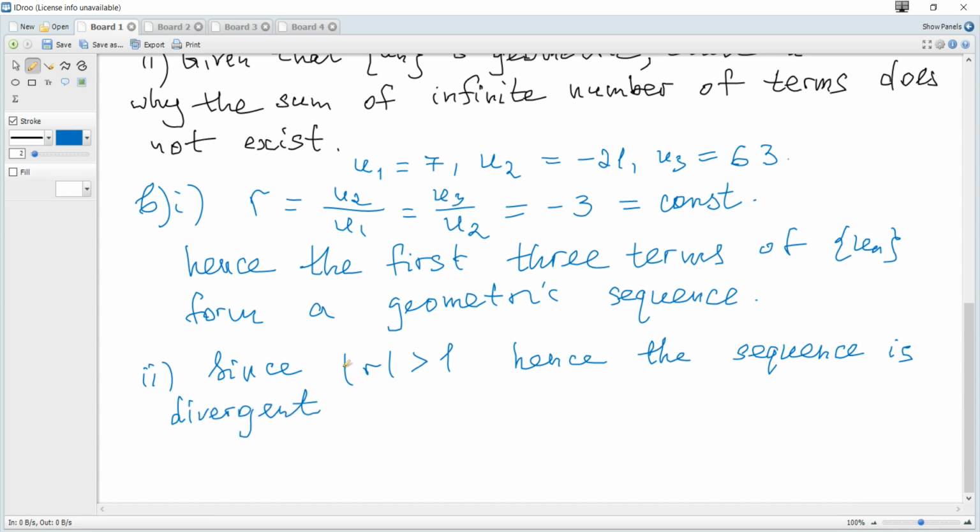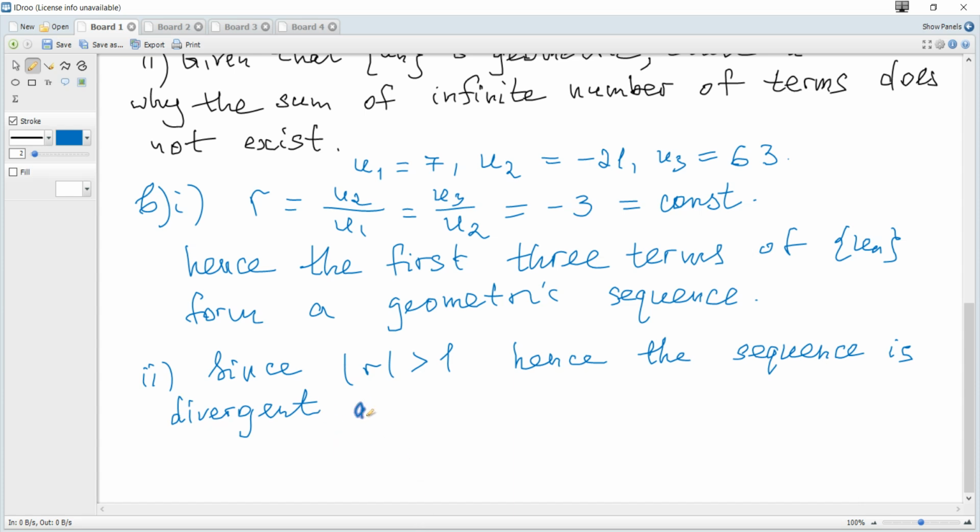It means that un tends to infinity, plus or minus, it doesn't matter, and the limit of un is infinity, and when it's infinity it's called that it doesn't exist, and hence the sum of an infinite number of terms is also infinity, and it's called that it doesn't exist.